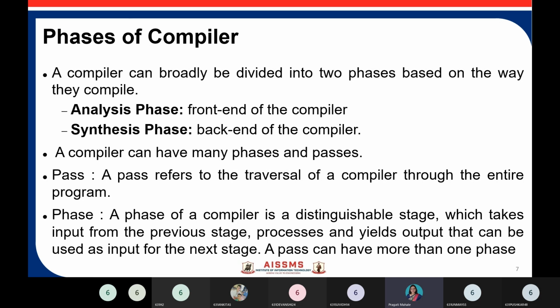So in the analysis phase, what basically happens is it breaks down the source program into smaller parts and identifies the strings or the tokens. Okay, and it produces the intermediate code from the source code, and the intermediate code is given to the synthesis phase, and as the output of the second phase you get the targeted program, right?